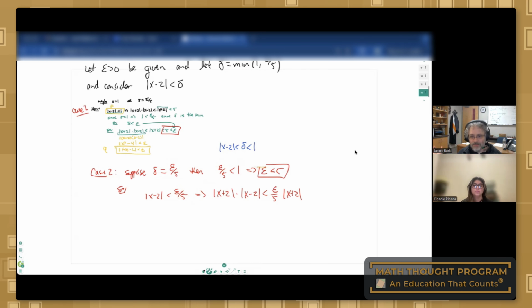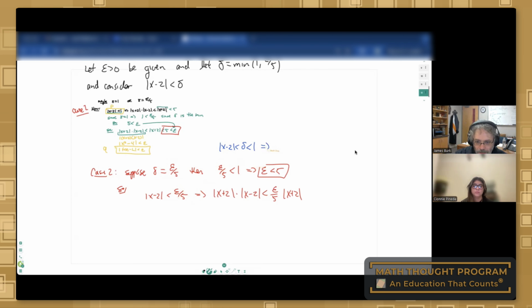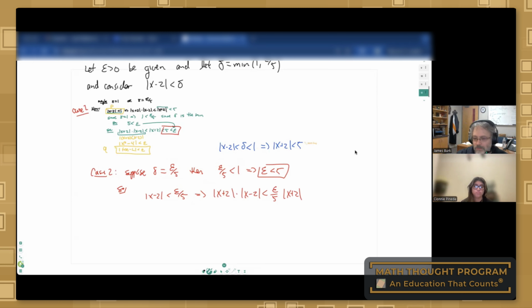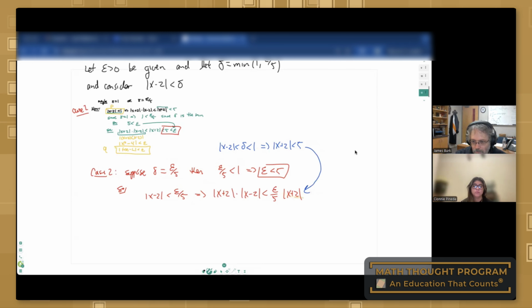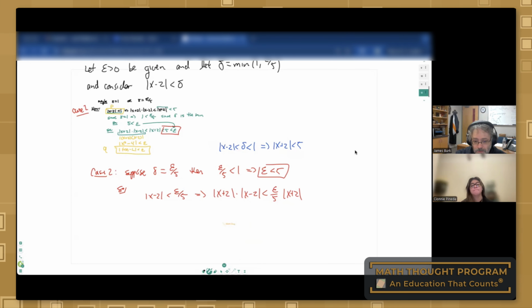But wait a second. Didn't we discover a moment ago that when |x - 2| is less than 1, that means |x + 2| is less than 5? Absolutely. Drop that information down here and keep pushing through the inequality.